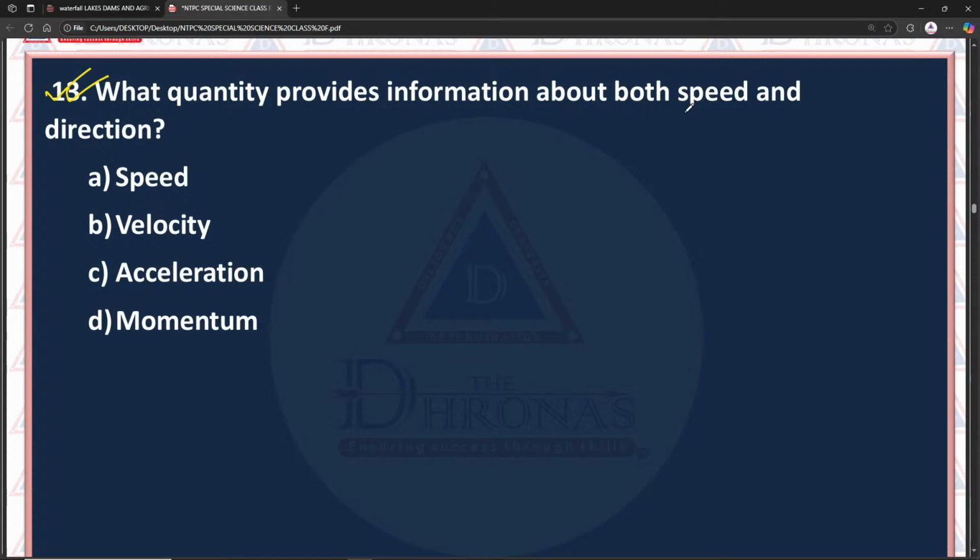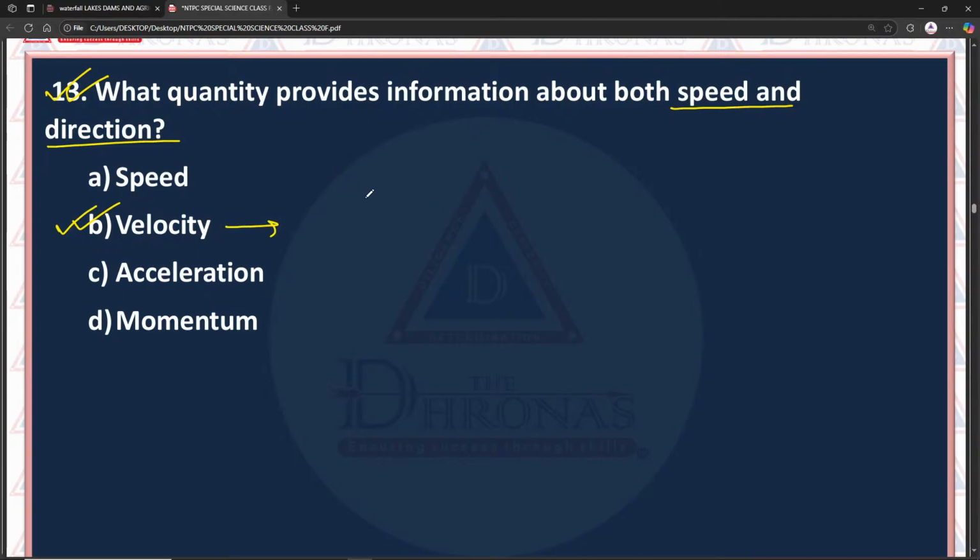So if you are considering speed with direction, then the quantity is velocity. If you are mentioning speed with direction, then the quantity you are actually mentioning here is velocity.